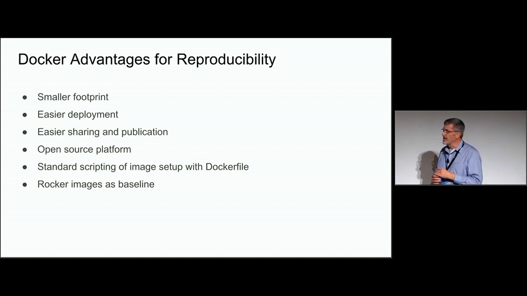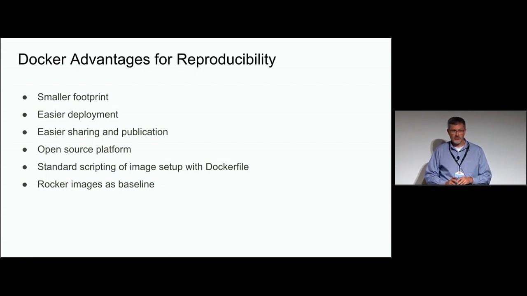Compared to VMs, Docker, I think, offers some advantages for reproducibility. There's a much smaller footprint because you're running in the same Linux kernel, right? So you're not having to install all of that VM stuff and a 20 gigabyte file system and all the other things that you'd have with a VM. It's super easy to deploy.